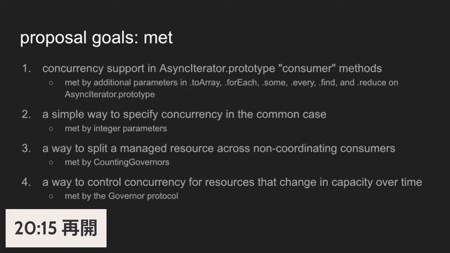If you have two resources and your process depends on both of them, you want to be able to acquire the composition of the two and not hold one while waiting for the other. So we need a governor.all. If you just use promise.all to acquire two governors, you have a promise now, not a governor, so it doesn't conform to the governor interface. It means you can't just hand it to somebody who's expecting a governor. So we need something that auto-wraps that back up into a governor.